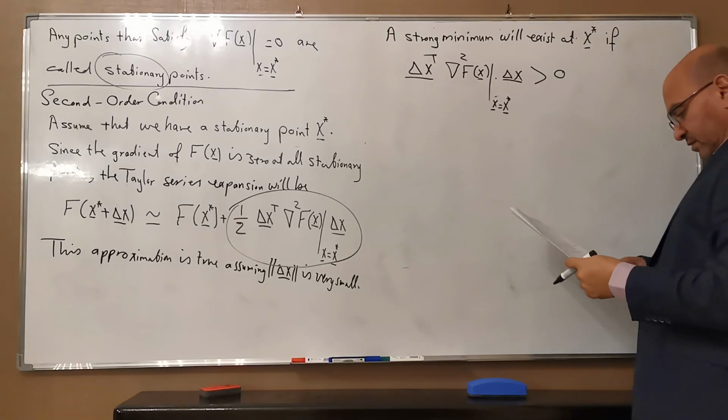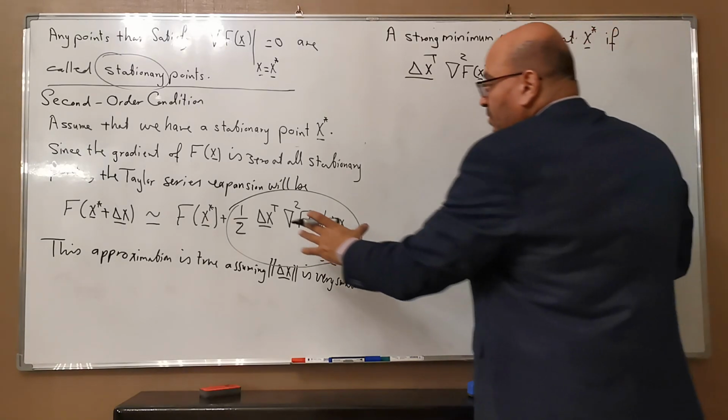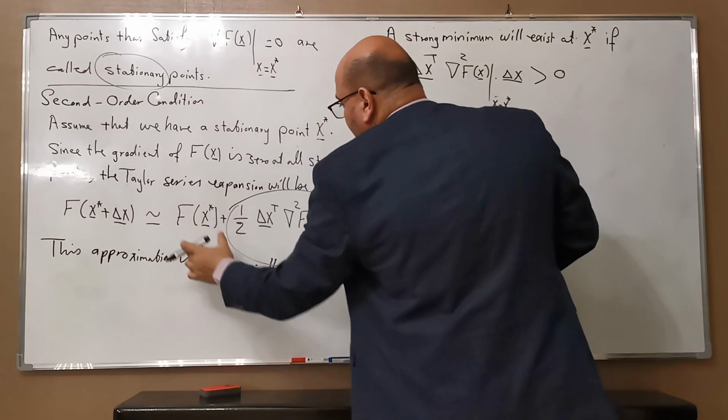So if this product is greater than 0, then this one is a minimum.